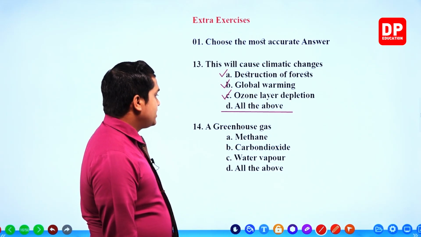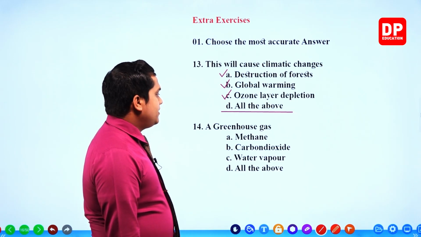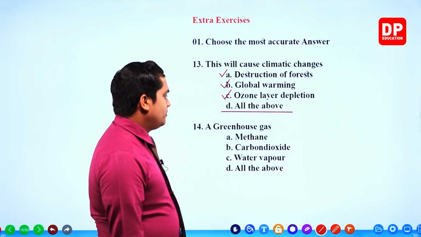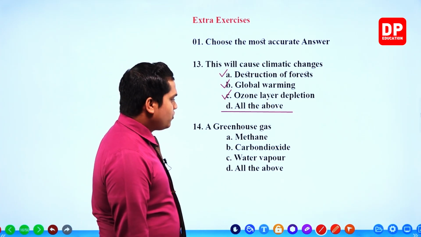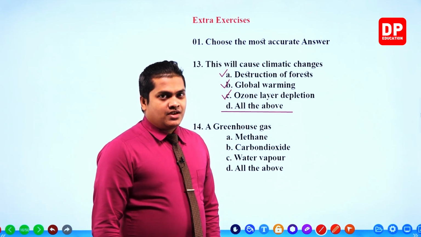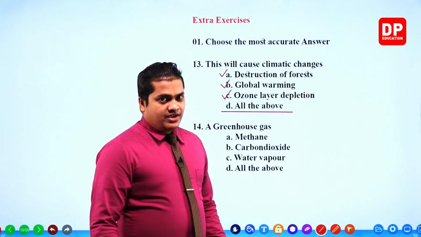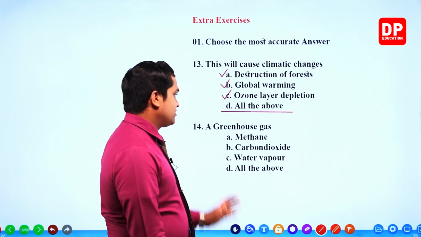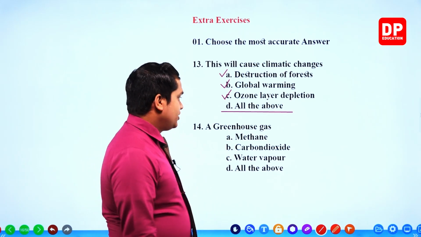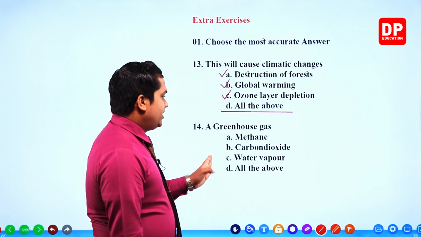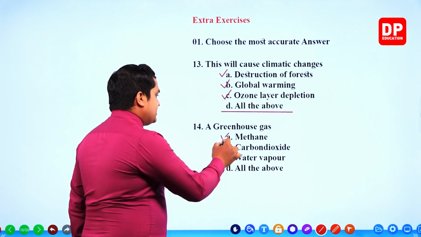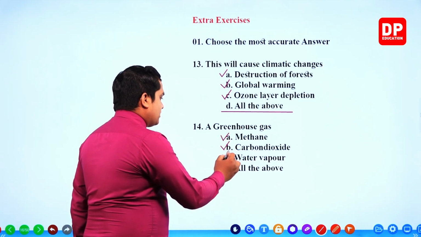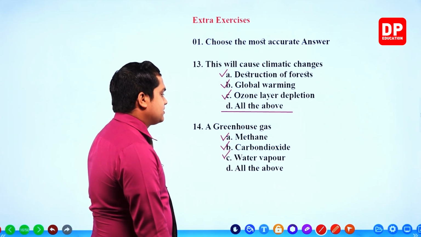Next one, a greenhouse gas. Methane, carbon dioxide, water vapor, all the above. Some might think that water vapor is good for our environment and it is not a greenhouse gas. However, my dear children, methane, carbon dioxide, water vapor, all of these things are considered as greenhouse gases.